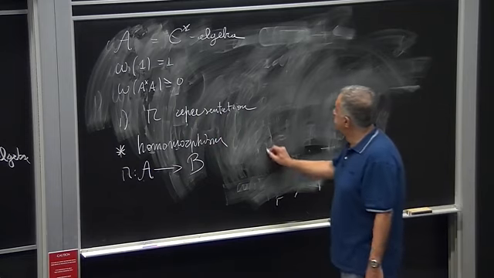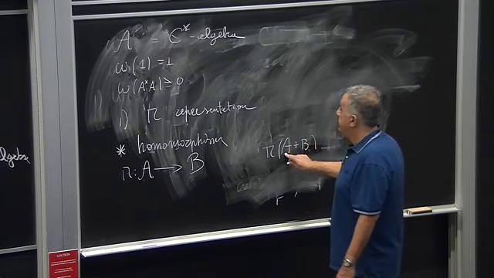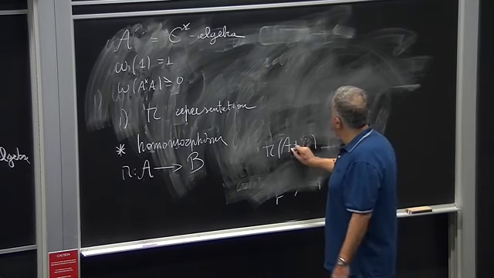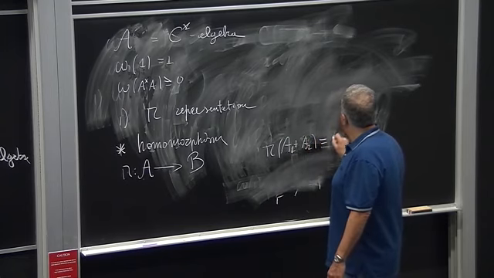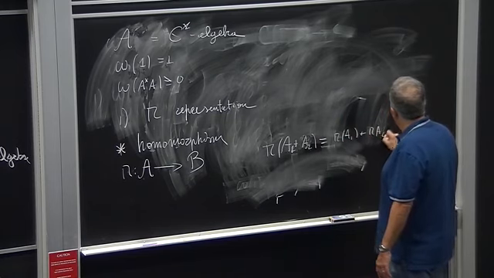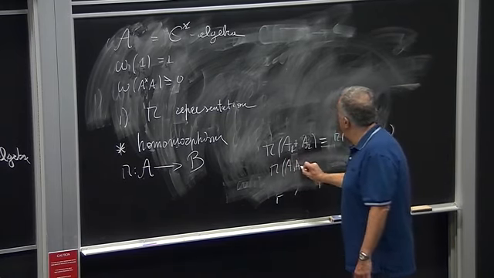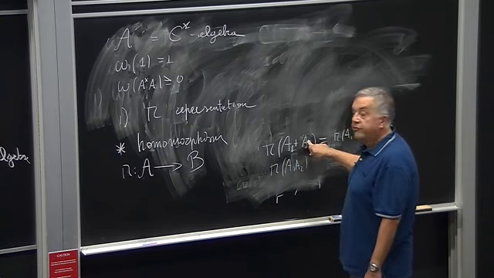This means P of A1 plus A2 equals P of A1 plus P of A2, where A1, A2 are elements of the first algebra.